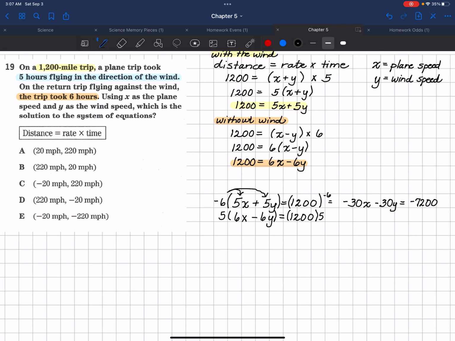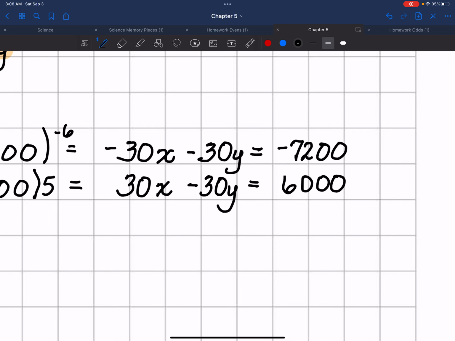5 times 6 is positive 30x. 5 times negative 6 is negative 30y. And then 5 times 12 is 60 with 2 zeros there. So I have raised my equations up to higher terms, and I can cancel right here because those x terms have been eliminated.